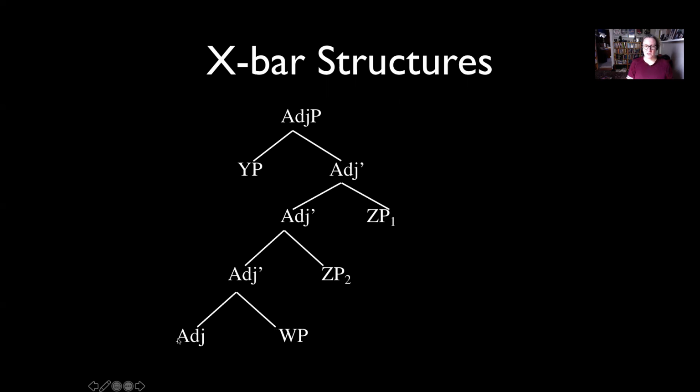We've got adjectives all the way down, ADJ bars till we get to the adjective, and then these represent other phrases that belong in that adjective phrase. Sometimes adverb phrases, sometimes other adjective phrases. And the same thing with adverb phrase, right? These look the same. Preposition phrase, we've got our P bar all the way down to our preposition.